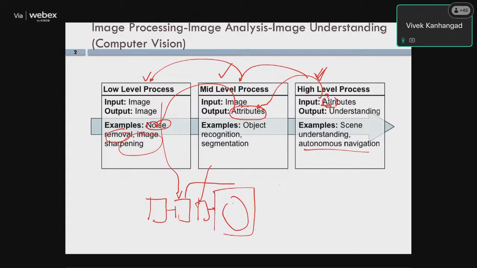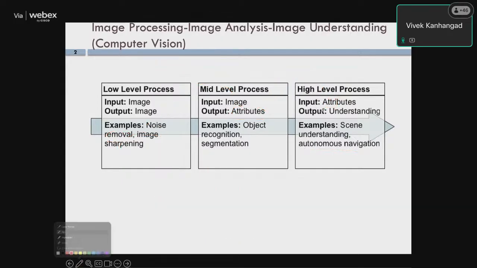Here the input is just attributes, but attributes come from the previous stage, and in order to get attributes, you may have to improve the image, enhance the image, suppress the noise, and so on. So the fundamental things are image processing, image analysis, and finally computer vision.